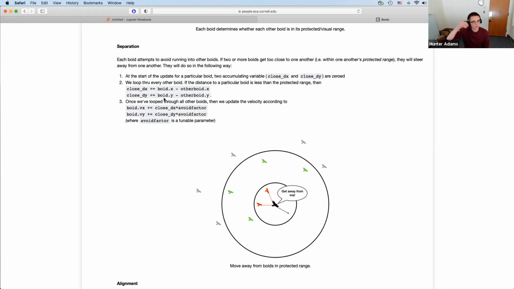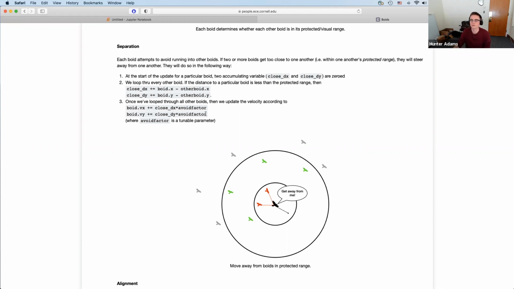Once the Boid you're updating has gone through every other Boid in the flock and incremented these variables as necessary, it then changes its own velocity by the value of these variables times some tunable factor.